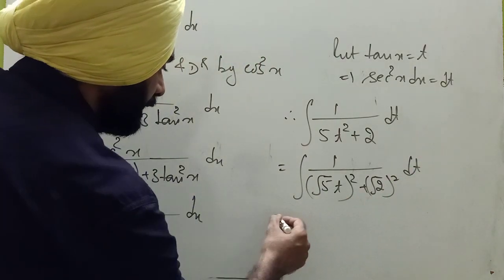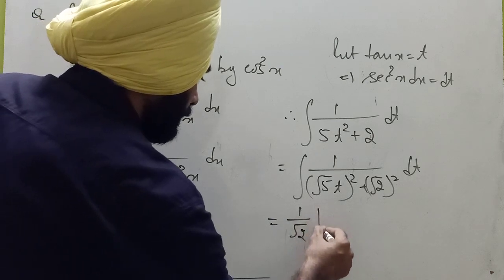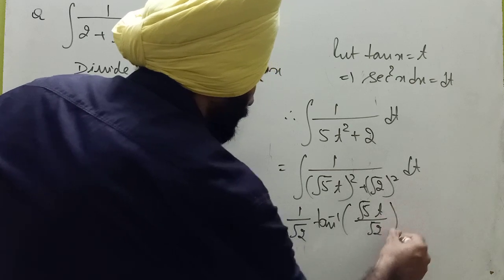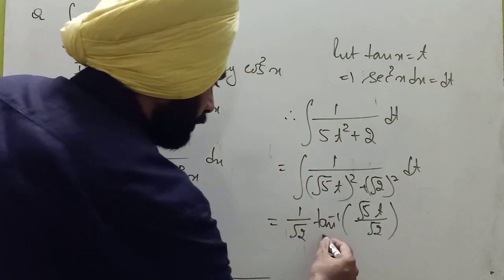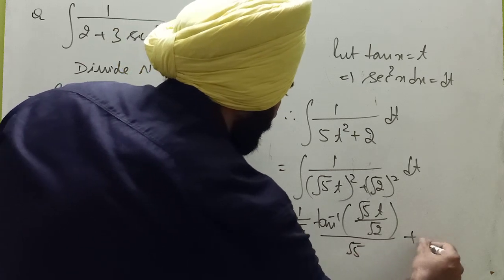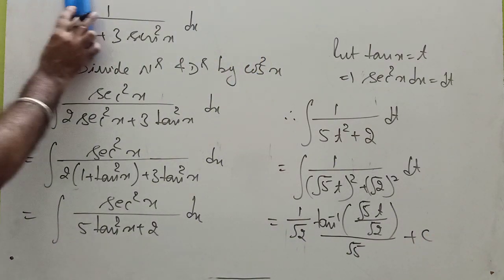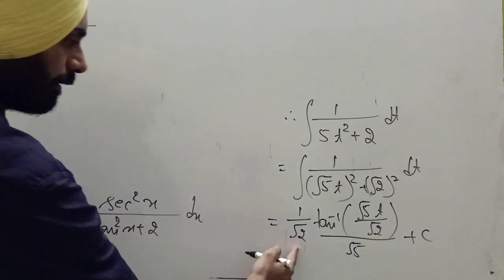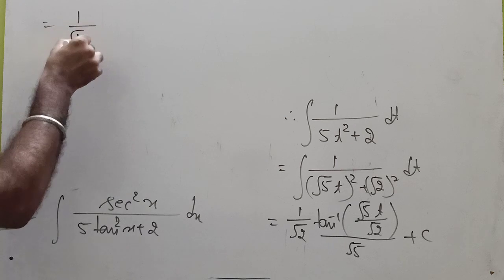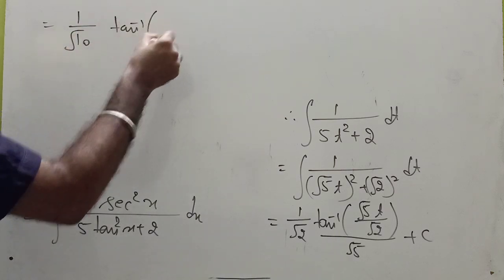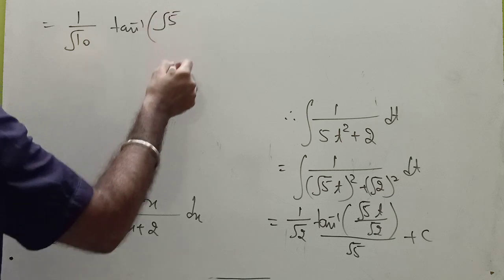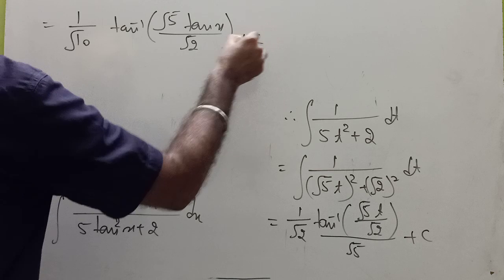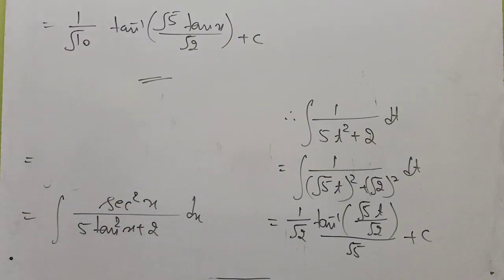This is 1 over x square plus a square, that is 1 over a tan inverse x over a, and carefully divide by the coefficient of t also, that is under root 5. So now what is the answer? This is equal to 1 by under root 10 tan inverse of under root 5, replacing the value of t, tan x, divided by under root 2, plus c. So this is the final answer of this type.